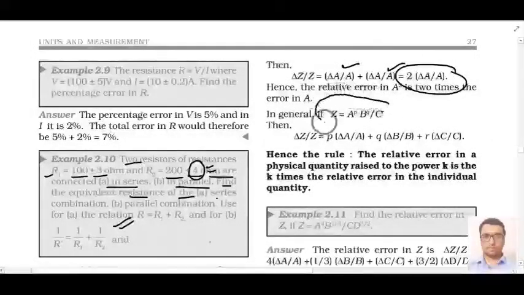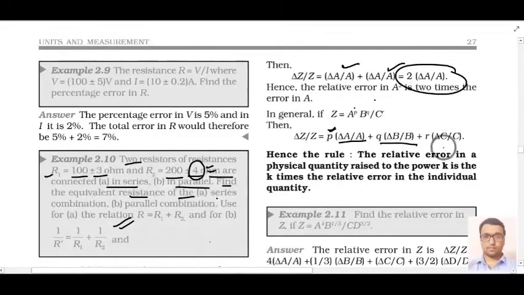Similarly, if you have a general equation like a raised to the power p, b raised to the power q and c raised to the power r, in that case you can write it in this form also. Like this, power p will be mentioned over here: p times delta a by a plus q times delta b by b plus r times delta c by c. Why are we adding it?